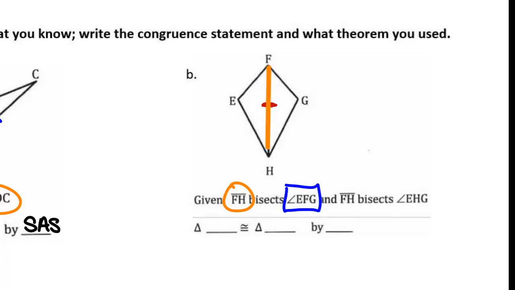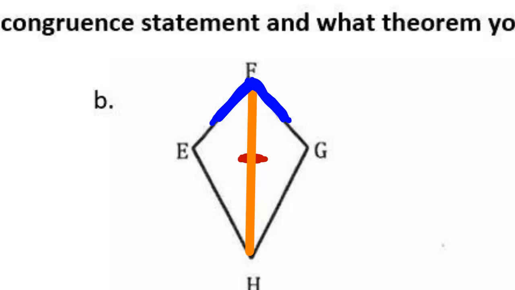So FH, this guy right here, is bisecting the angle with a vertex of what? What's the vertex of angle EFH? F. So right up here, this is the angle that's being cut in half. That means this angle is congruent to this angle.